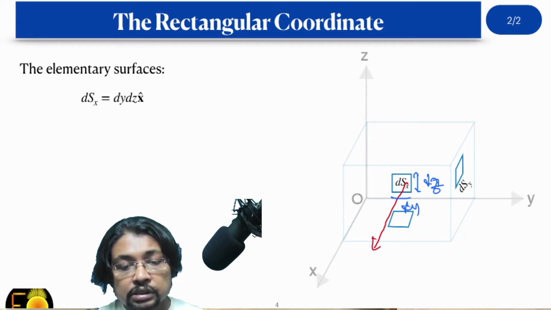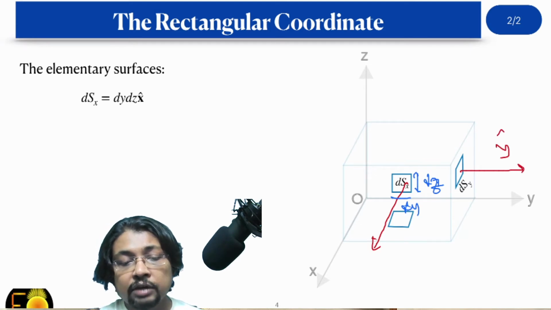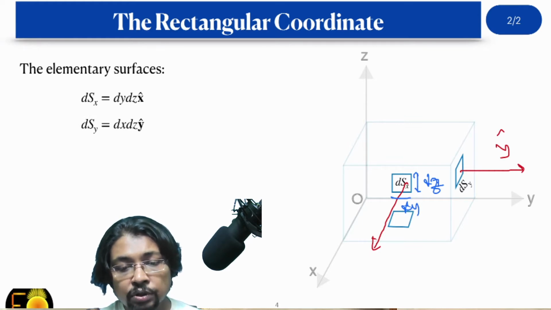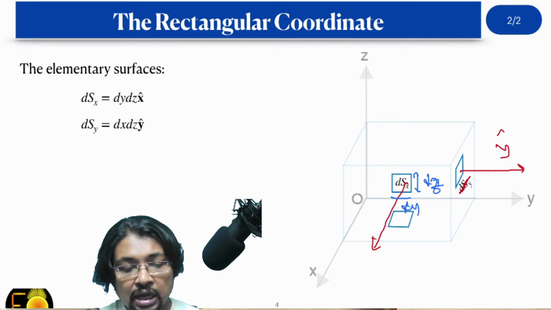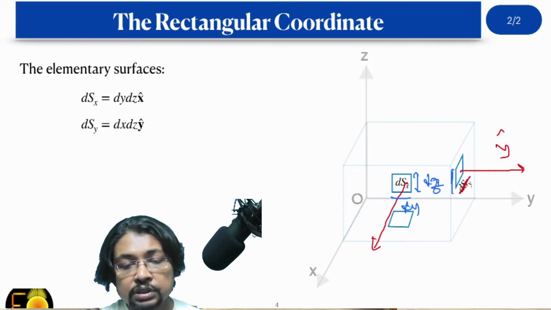Similarly, the dsy represents the elementary surface which has the surface normal along the positive y-axis, therefore y cap, and that can be understood by this expression as dx times dz times y cap, because it is along the y-axis.